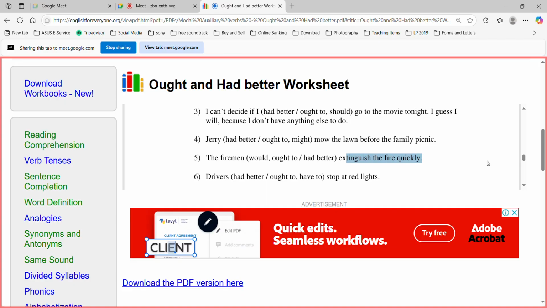All right. So now, number 6. Drivers had better, ought to, have to stop at red lights. Which one is the answer for number 6? Yes, which one is the answer?